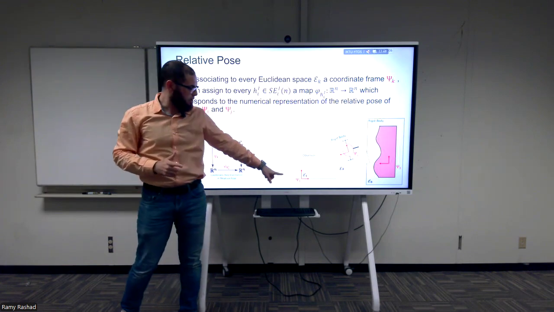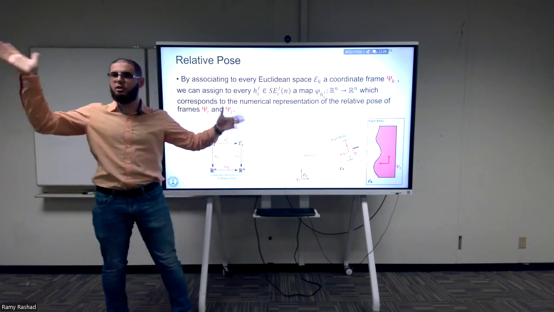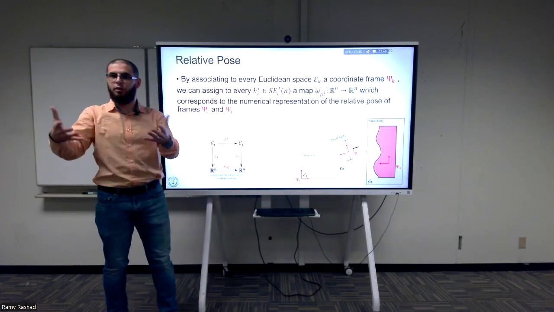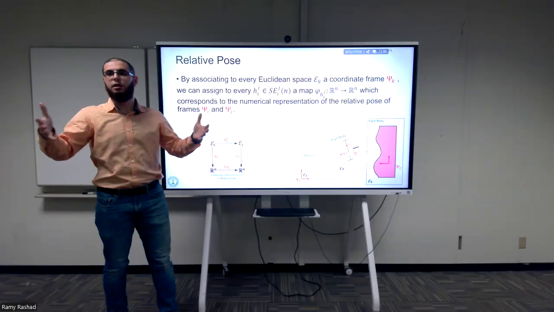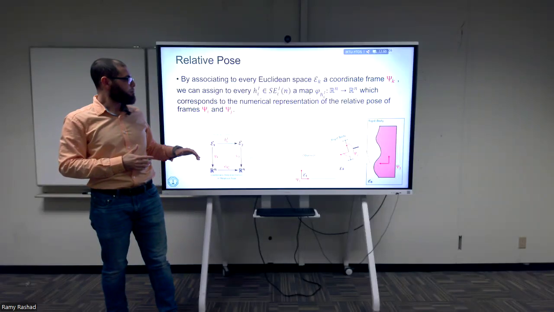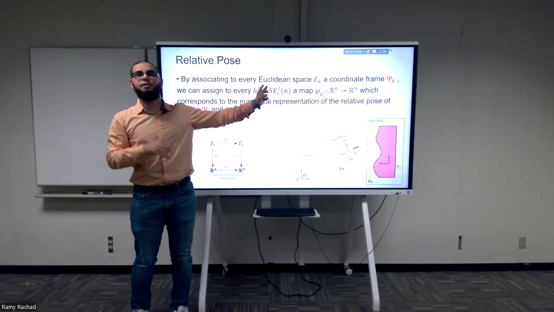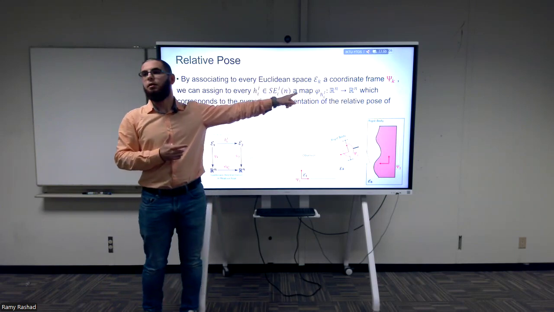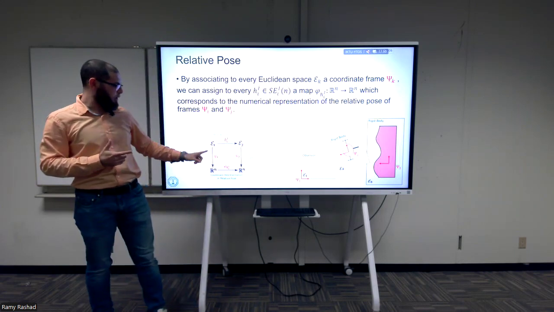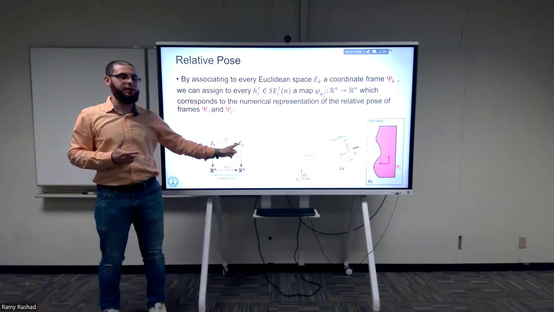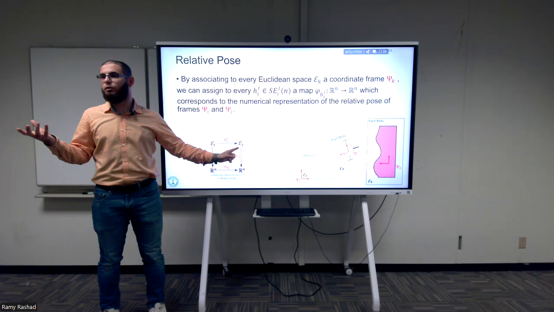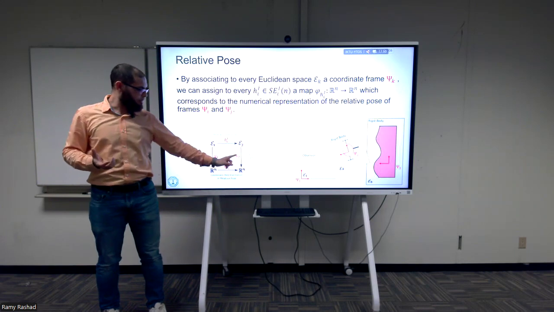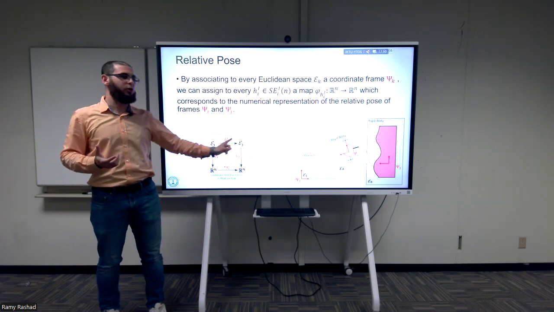With these frames, psi1, psi2, and psi3 up to psi n, depending on how many rigid bodies or how many Euclidean spaces you're talking about, instead of working with abstract concepts, we can start to talk about maps. These abstract Euclidean spaces are like a manifold, and with these reference frames we start to talk about charts.